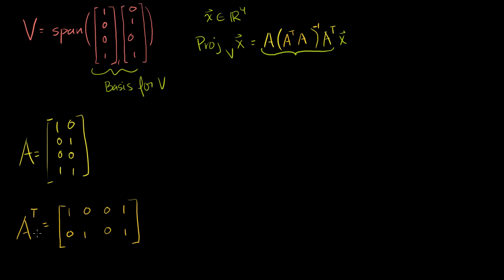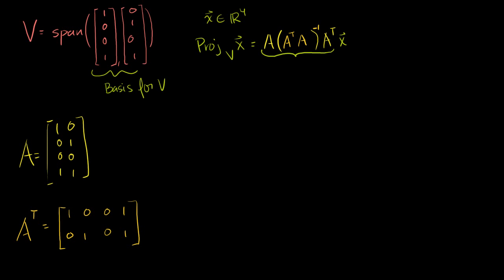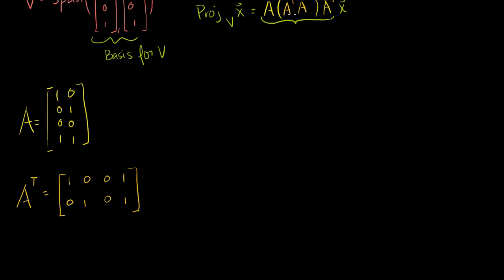Now, what's A transpose A? To figure that out, I want to figure out what A transpose times A is. So let me multiply A transpose times A. I'll rewrite A right here: 1, 0, 0, 1, 0, 1, 0, 1. This gives us some good practice on matrix products. This is going to be equal to what?